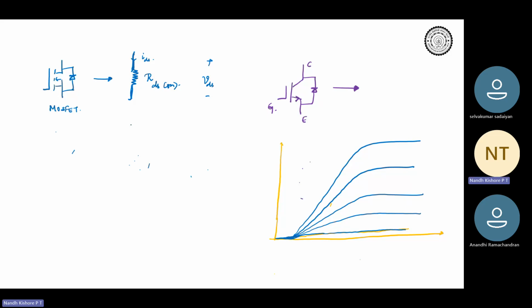As VGS increases, so VGS4, VGS3, VGS2, VGS1, and this is for VGS less than V threshold. So this is your IC and this is your VCE. Can you tell me, seeing this figure, what are the different regions of operation for IGBT?